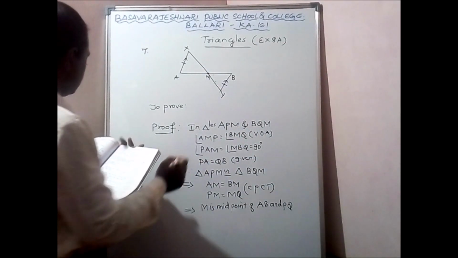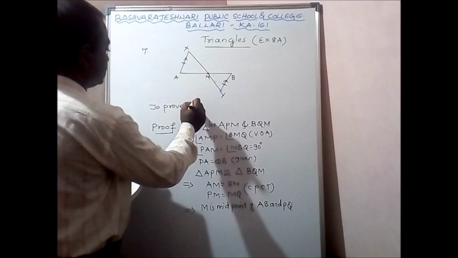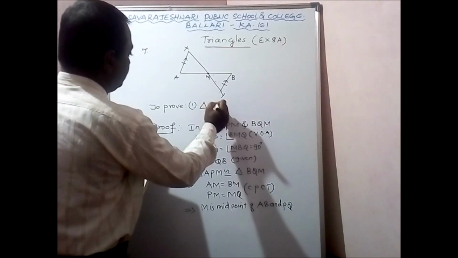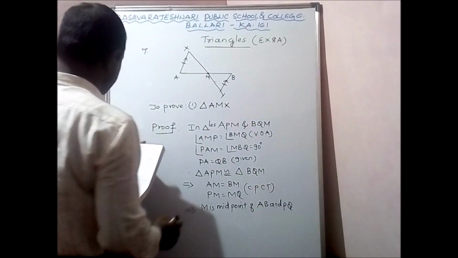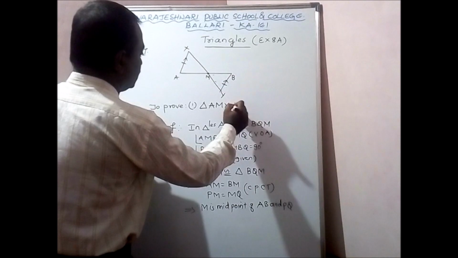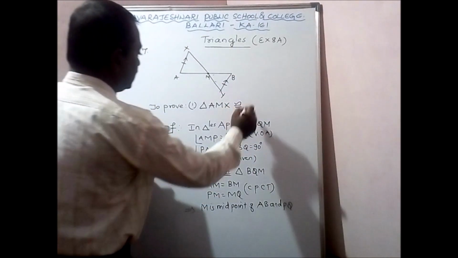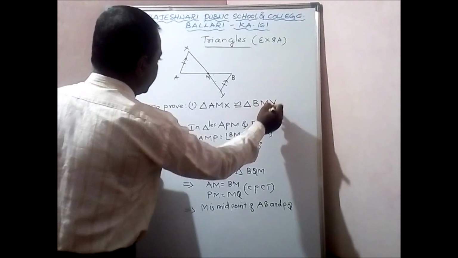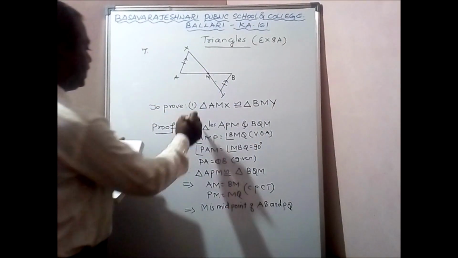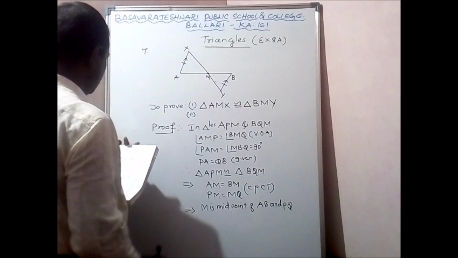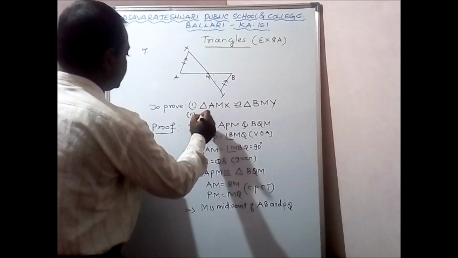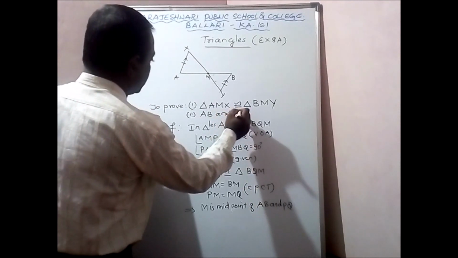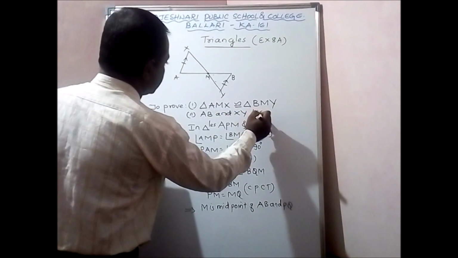One, triangle AMX is congruent to triangle BMY. Second, you have to prove that AB and XY bisect each other.